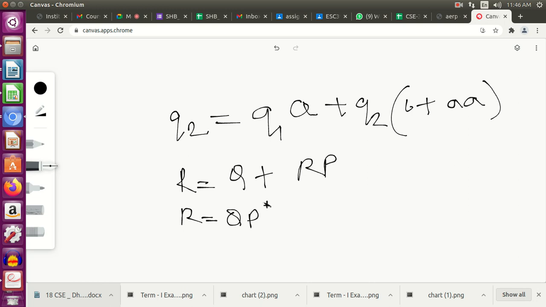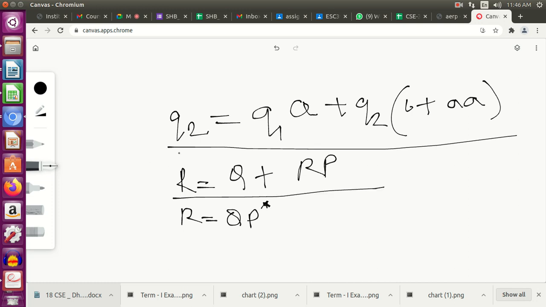This was something that Arden's theorem told us, right? So, if you compare this equation with this equation, you will see that Q2 is nothing but equal to R. See, here we have Q2, here we have Q2.